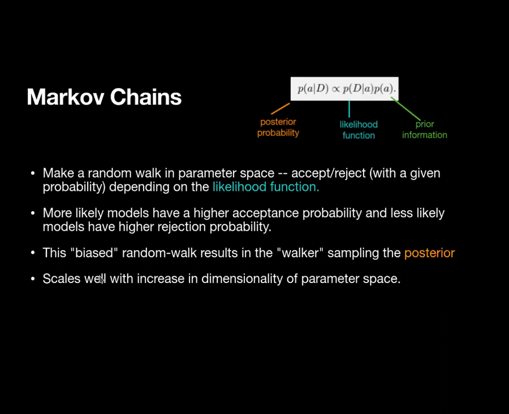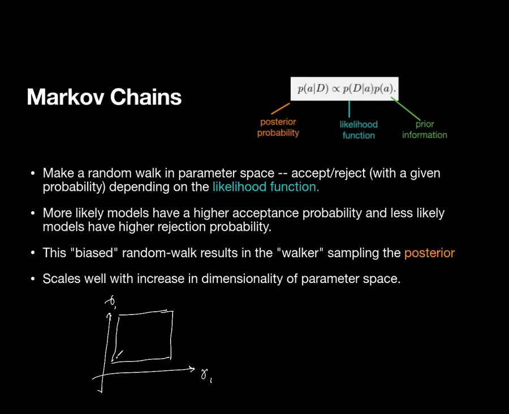So suppose you start off in a 2-dimensional parameter space. Say this is R1, R2, and you have some set of priors. Let's say you're trying to restrict your search space within this.